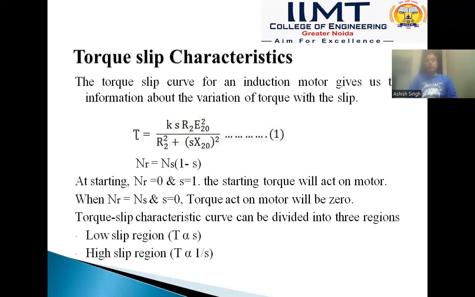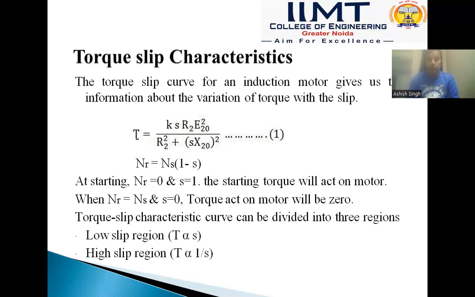As we know, the formula for Nr equals Ns (1 minus s), or we can say s equals (Ns minus Nr) upon Ns. At starting, when Nr becomes 0, the slip of the induction motor becomes unity.